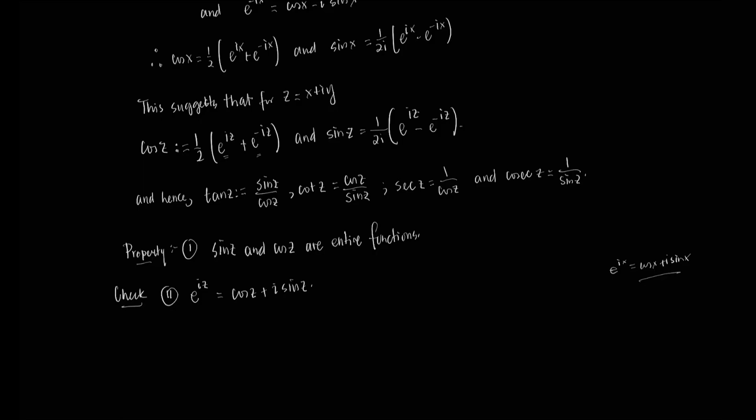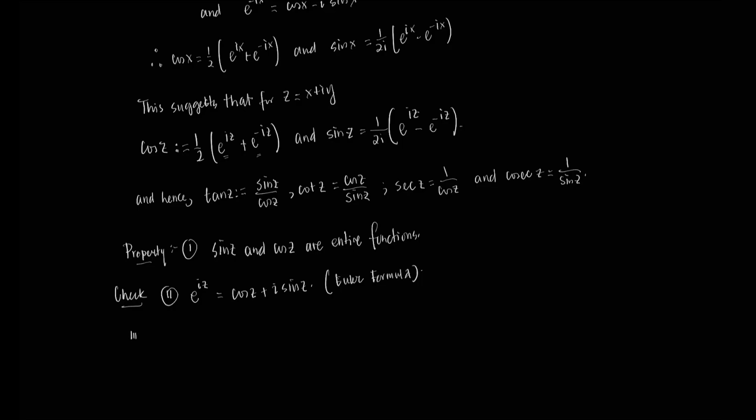You can easily check this, so please do that. This is your Euler formula. Up till now, we knew that the Euler formula is defined for real numbers. Now we can show that it is actually defined for complex numbers also.